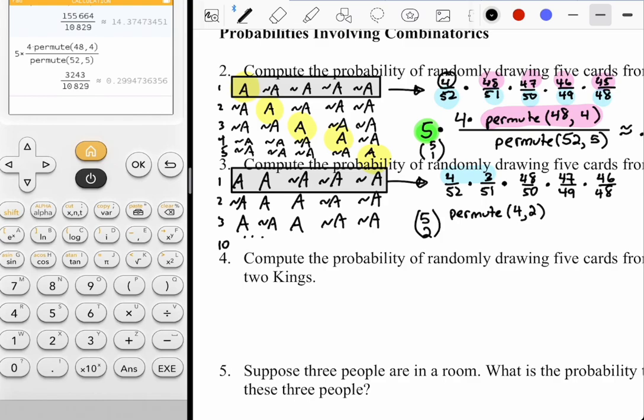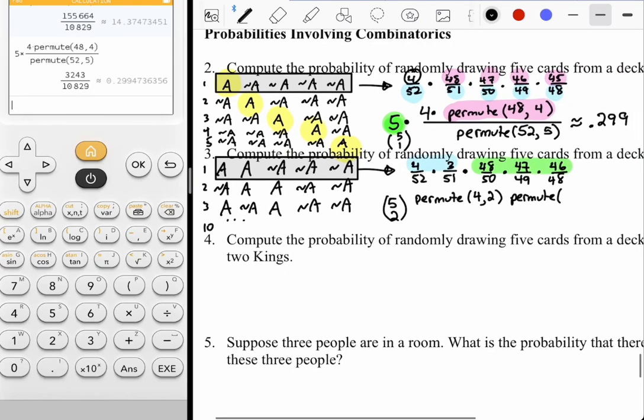Then we're looking at the 48, 47, 46. That's permute, starting with 48 and three positions being available. The bottom is going to be what it was before, starting off with 52, and you have 5 positions available.